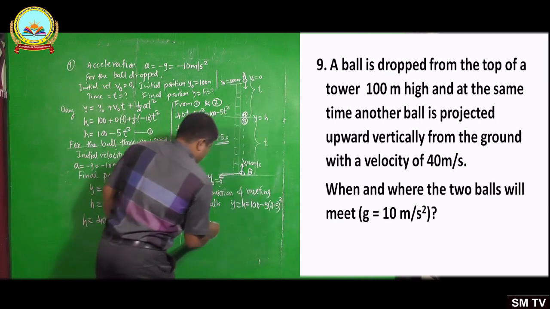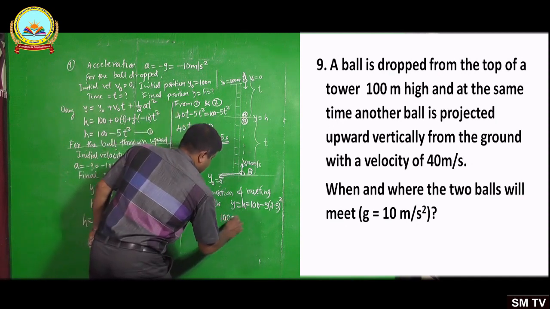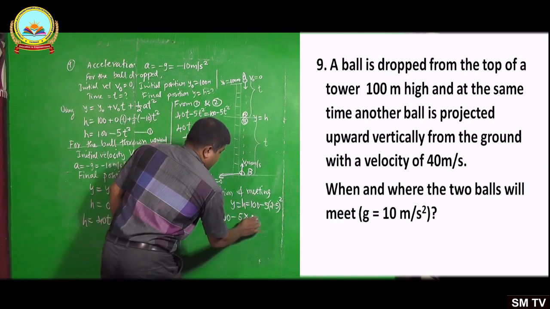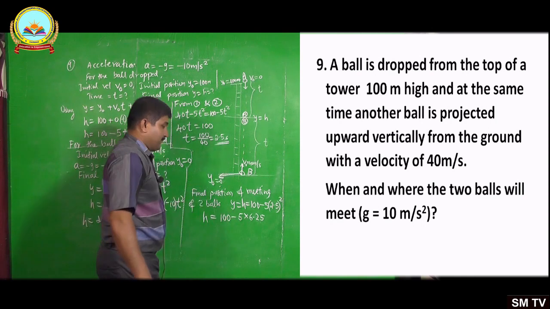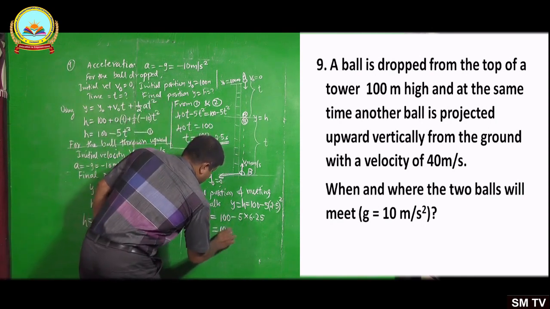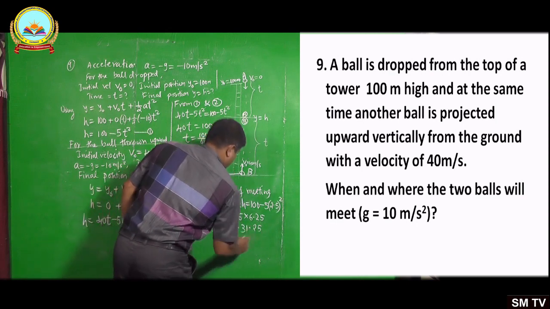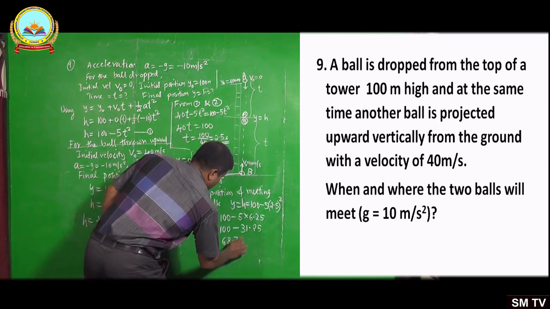So the height h equal to 100 minus 5 into t square, 2.5 square is 6.25. Use calculator, 5 into 6.25, it comes 31.25. So 100 minus 31.25, that difference is 68.75 meter.